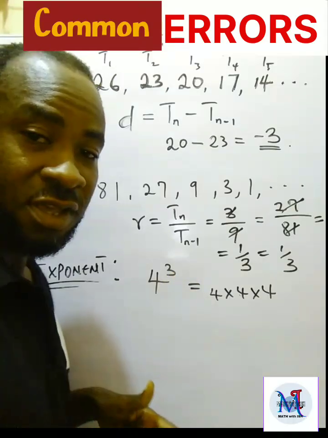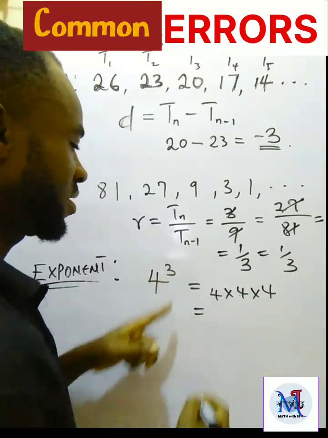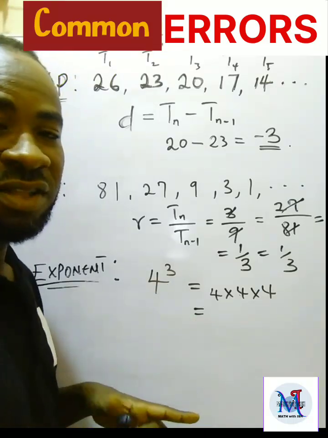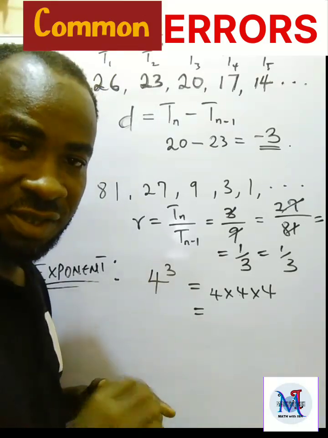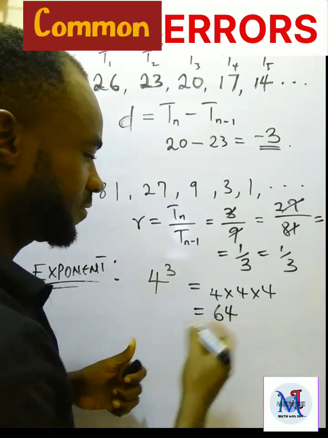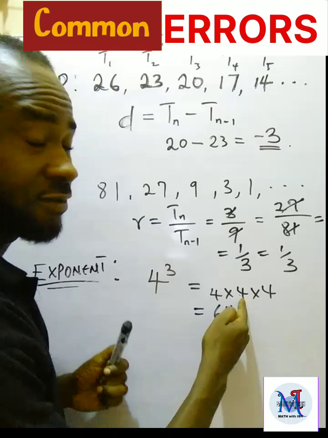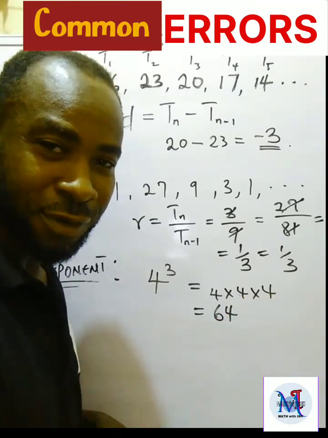That's what this means. It doesn't mean 4 times 3, okay? So take note, anytime you see a power, the power tells you how many times the base is multiplying itself. Okay, so our final answer to this is 64, because 4 times 4 is 16. 16 times 4 is 64.